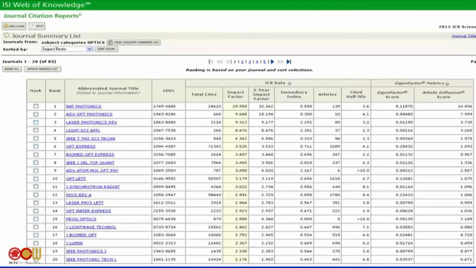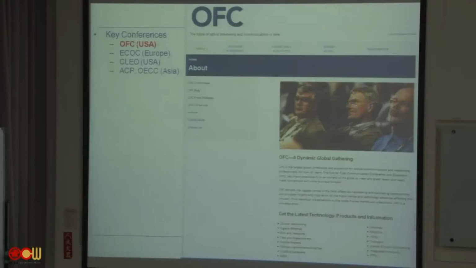Last time we talked about ranking, where we can arrange the journals according to their impact factor. Still remember, right? Let me just give you an example. For example, Optics Express is ranked 6th, and the impact factor is about 3.5. Something like this. Or you can also look at the conferences.